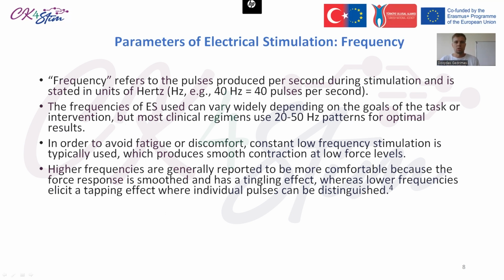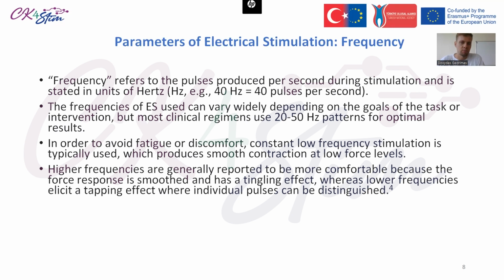So we should talk about the parameters of electrical stimulation. The main parameter is frequency. Frequency refers to the pulses produced per second during stimulation and is stated in units of hertz. So the hertz shows how many pulses per second occur.